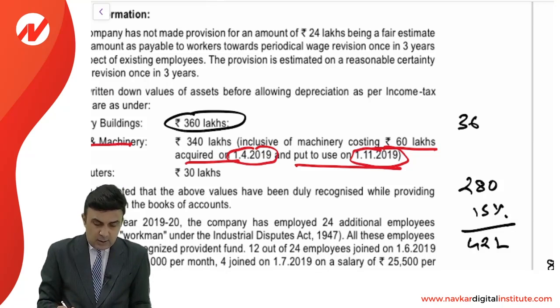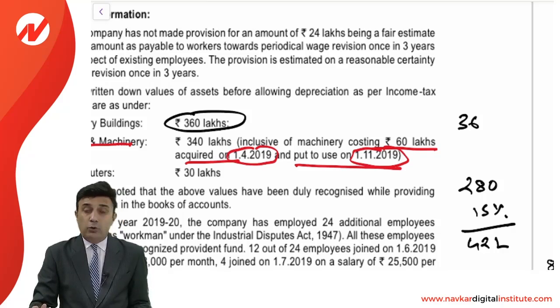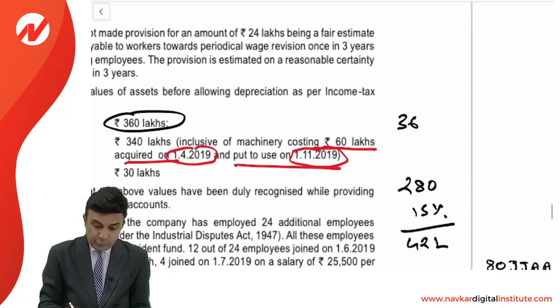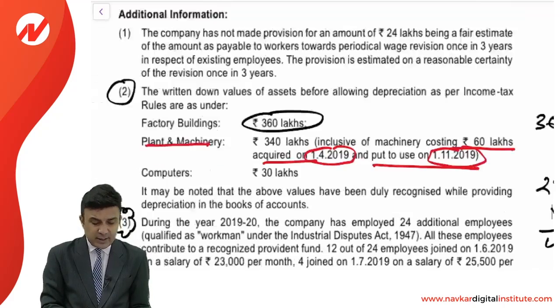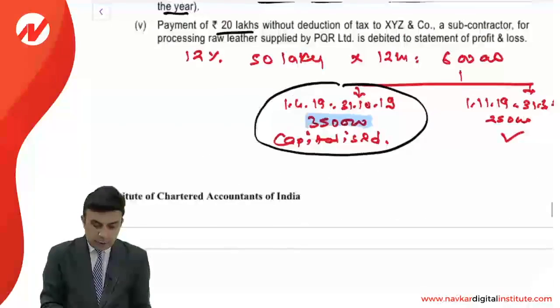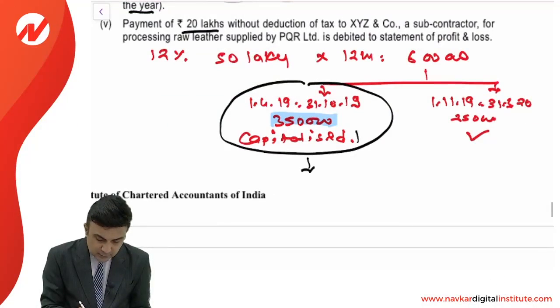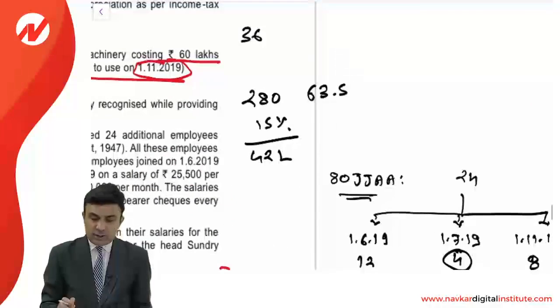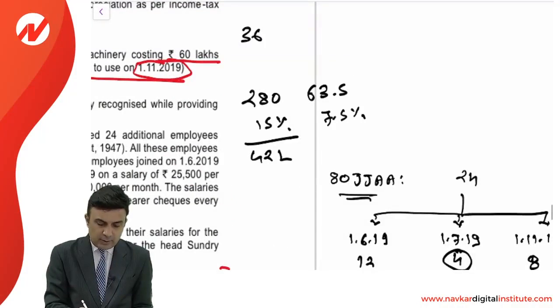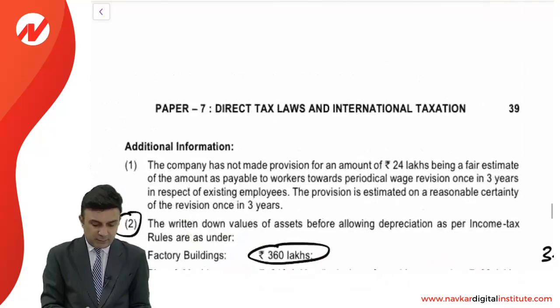And friends, on 60 lakh, but don't forget, in this 60 lakh you have to add back 3.5 lakh. Question arises, which 3.5 lakh? This capitalized interest. So on 63.5, your depreciation is at the rate of 7.5%.